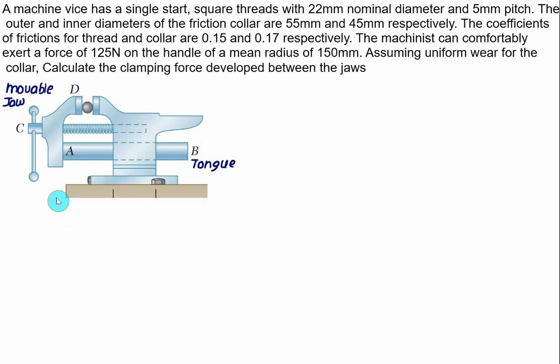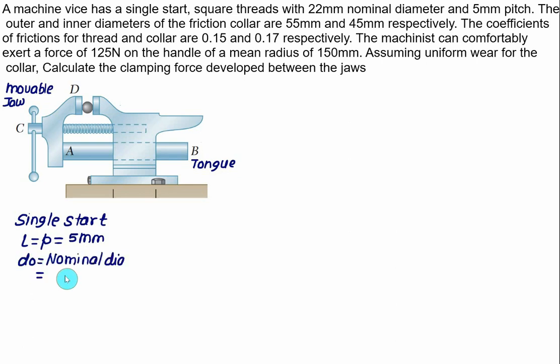Here the collar is not shown, but this one is the same as our machine vise, which is a single start. So whenever we are given a single start, the lead is equal to the pitch, which is 5 mm. We are given the nominal diameter D0 of 22 mm.